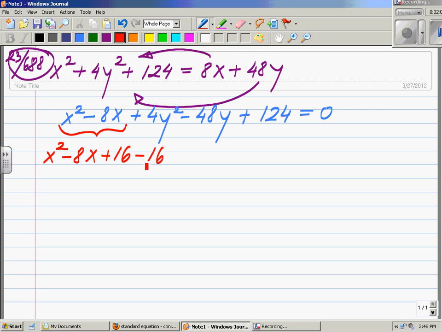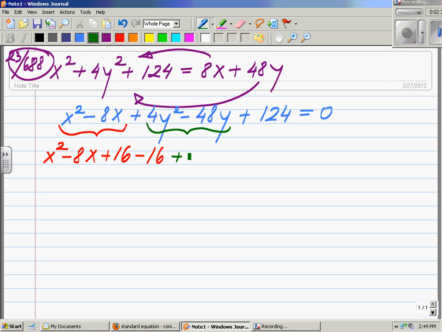Okay? Now you're going with the y part, right? I have 4y squared minus 48y. Because I need to have only y minus something, everything squared, when I find what binomial square will give me the expression that contains y, I will take that 4 as a common factor.